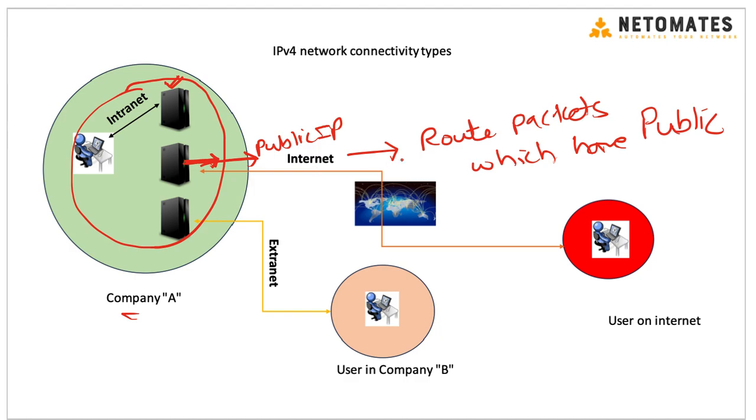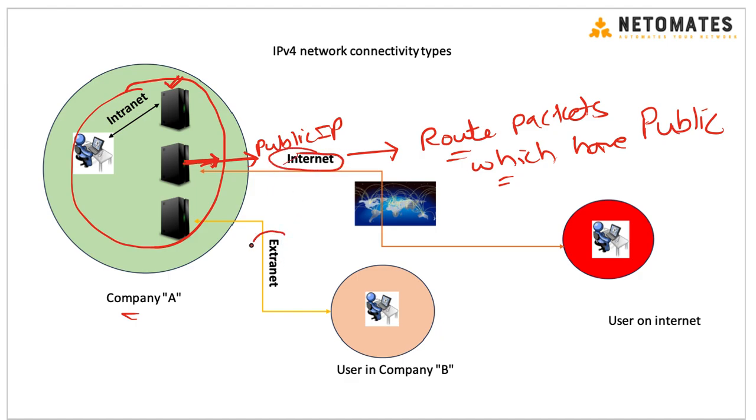On the internet, if you send any packet from or to an address in the private IP address space, it won't work, because the network devices on the internet will only forward the packets when they see a public IP. If they see a private IP, they don't have any information about that. So this is internet connectivity.